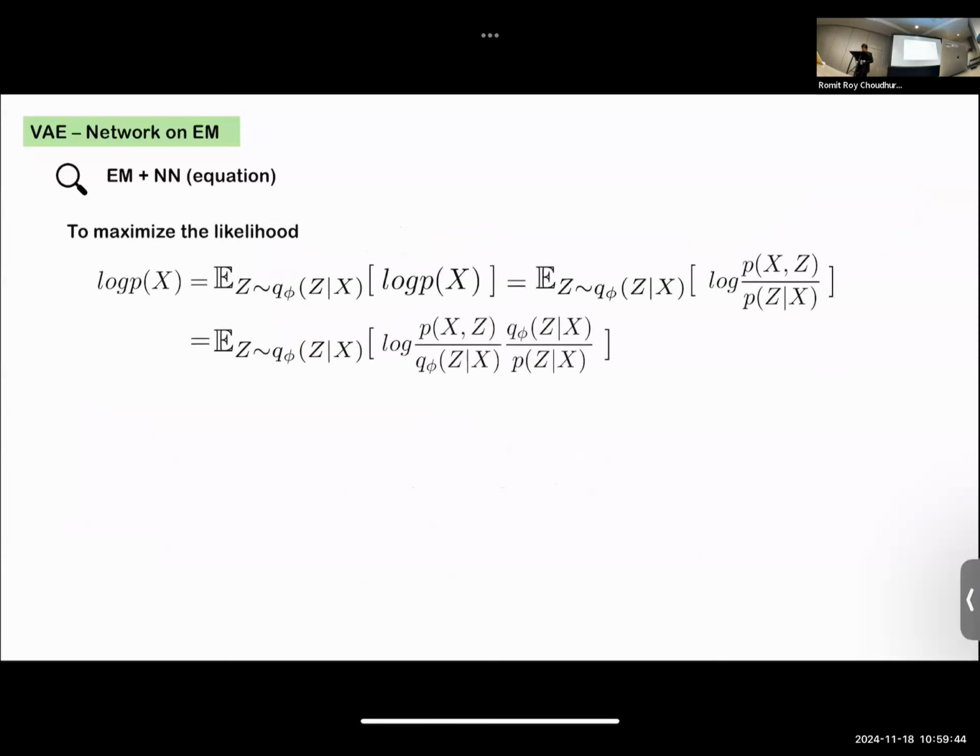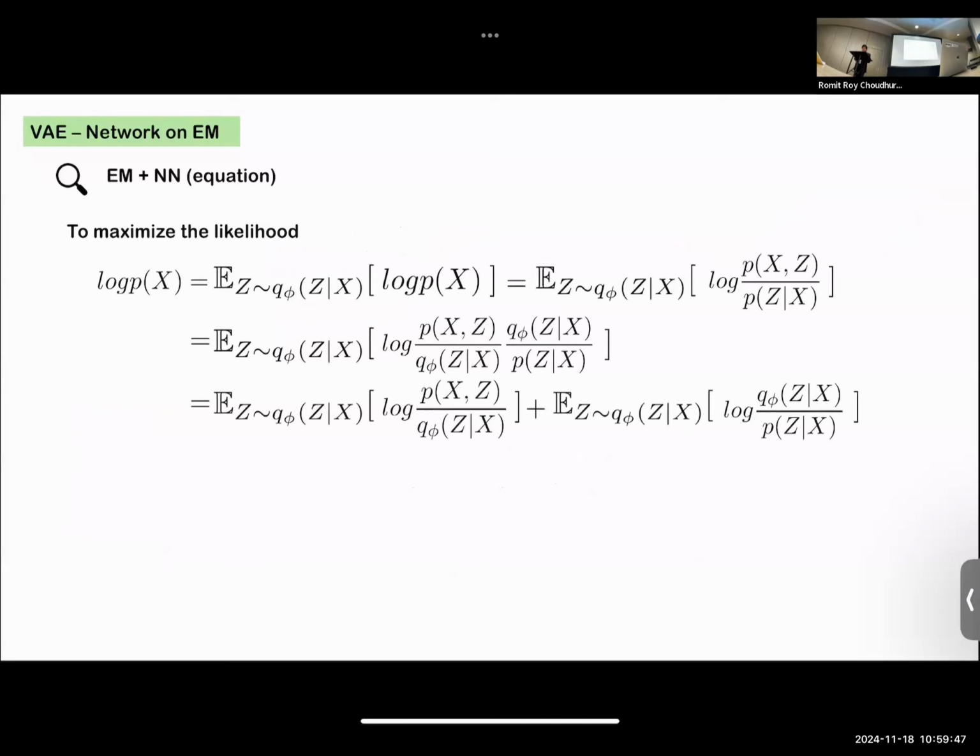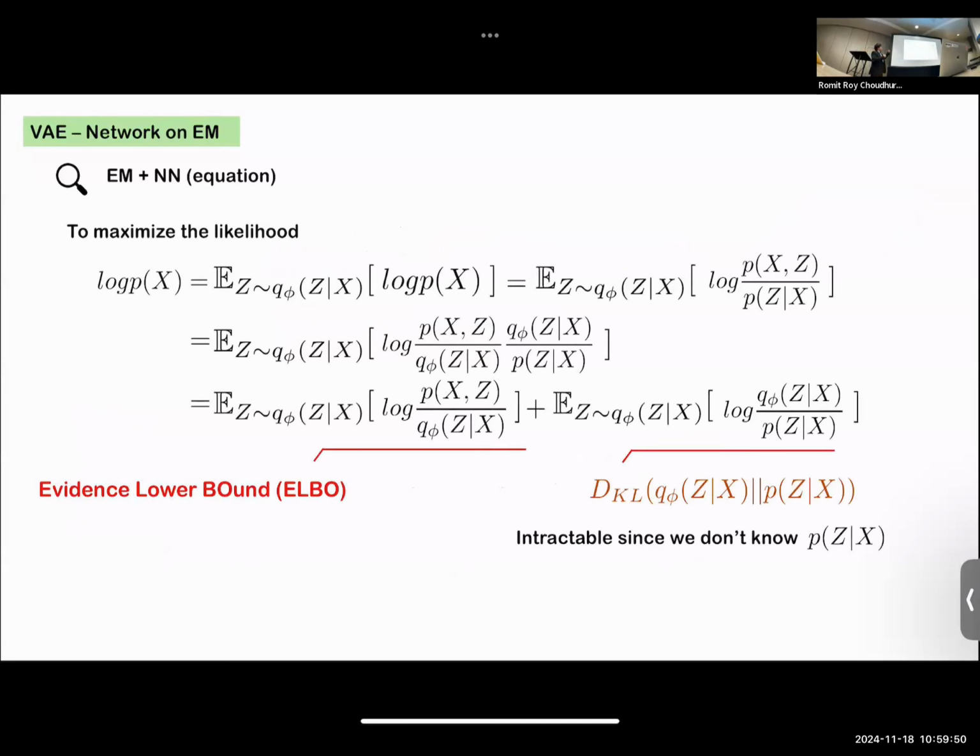Now, I want to introduce a very important idea of what VAE is actually solving in mathematics. We are actually maximizing the likelihood, P of X, right? And then we sample from the encoder, we sample from the posterior. Now, if we do some mathematical transformation, we multiply this log likelihood by Q phi z given x, which is your encoder output, and divide by it. We can separate it into two terms.